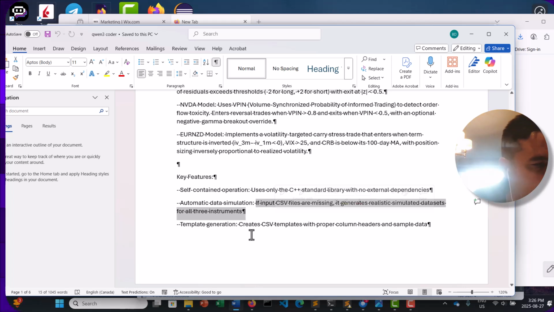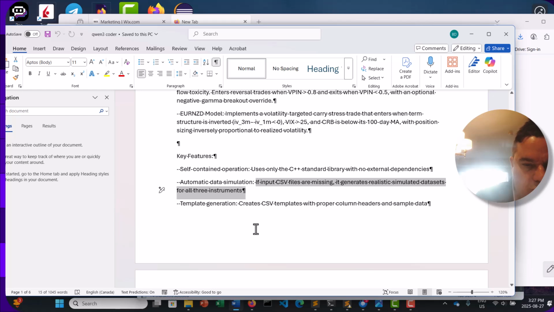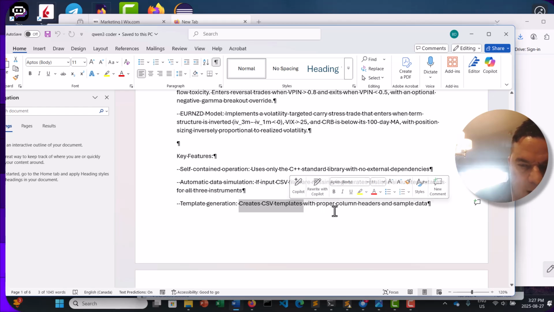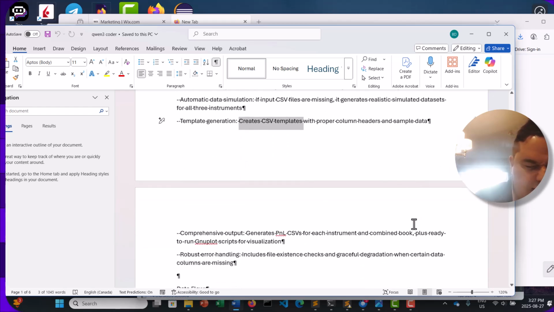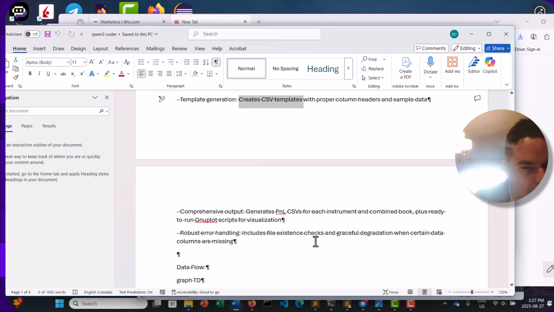The optimal is usually 3 months, but when you see a year, it's amazing how a lot of the trading firms that do this will project how far down, as an example, Bitcoin and so forth. Then here we have template generation. It will create CSV templates, proper column headers, and sample data. That's pretty good, and that's 100% generated by the AI.